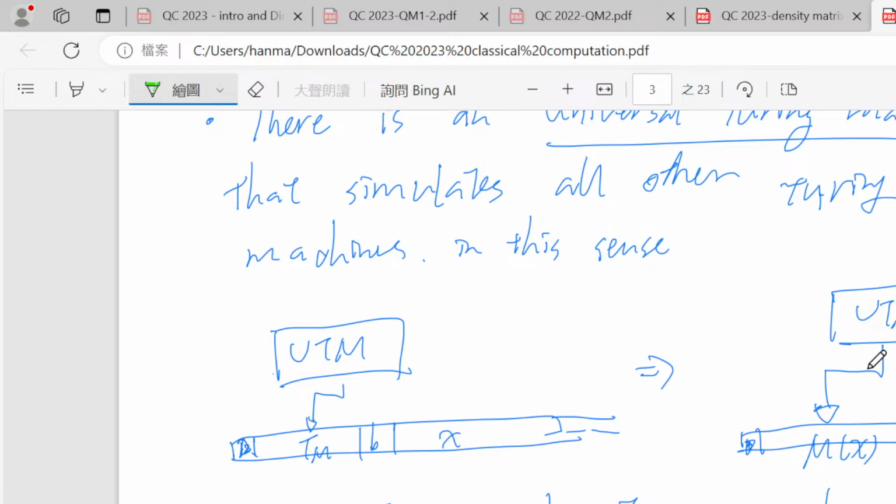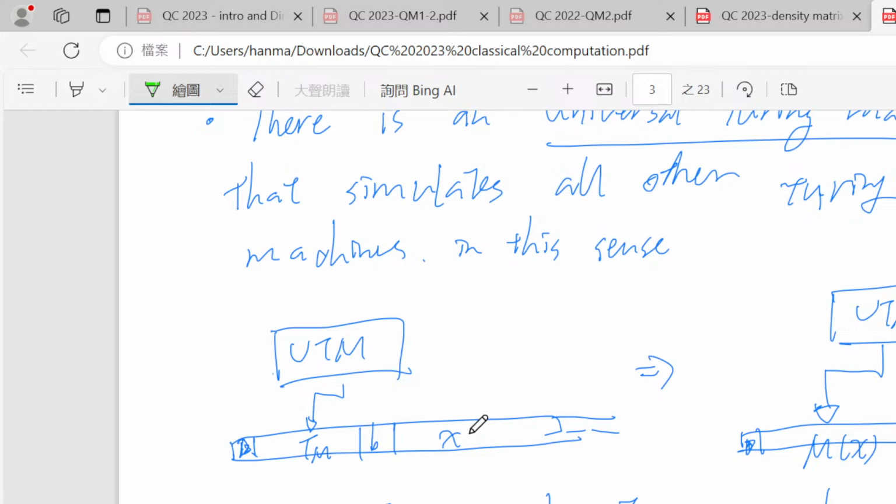And so this will have a computation result that's the same as the computation result of the Turing machine N on the input X. And so your universal Turing machine will do what the Turing machine N should do and write the result here and halt, if N actually halts on X.